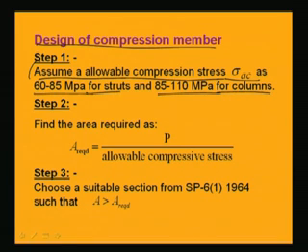As I told earlier, when we design a compression member, we have to know its dimension. Unless we know the dimension, we will not be able to know the radius of gyration, that means the slenderness ratio, that means the sigma AC value, the allowable compressive stress, which is given in IS 800 1984 in table 5.1, as I discussed in the earlier lecture.